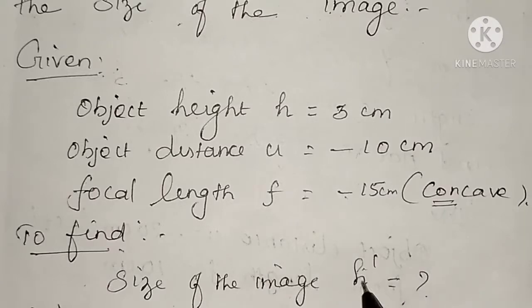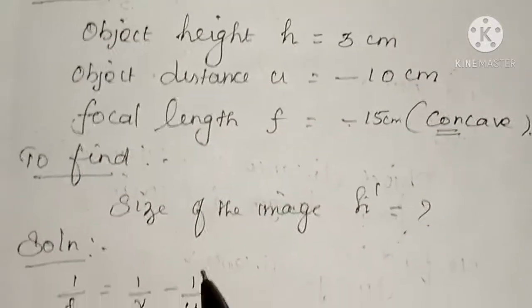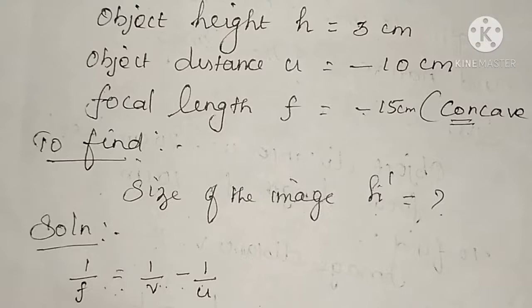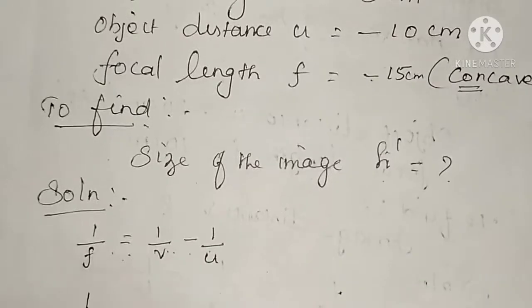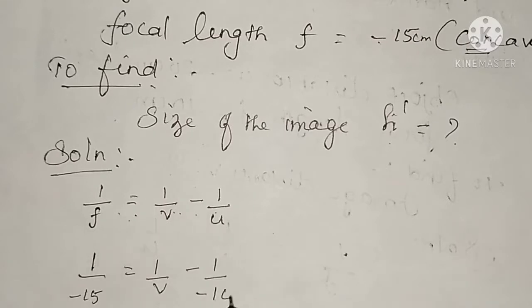So if you want to find the h dash value, first we have to find the image distance. For that we have to use the lens formula. What is the lens formula? 1 by f is equal to 1 by v minus 1 by u. Now substitute the f and u values here. 1 by f is minus 15, equal to 1 by v minus 1 by the object distance, minus 10.